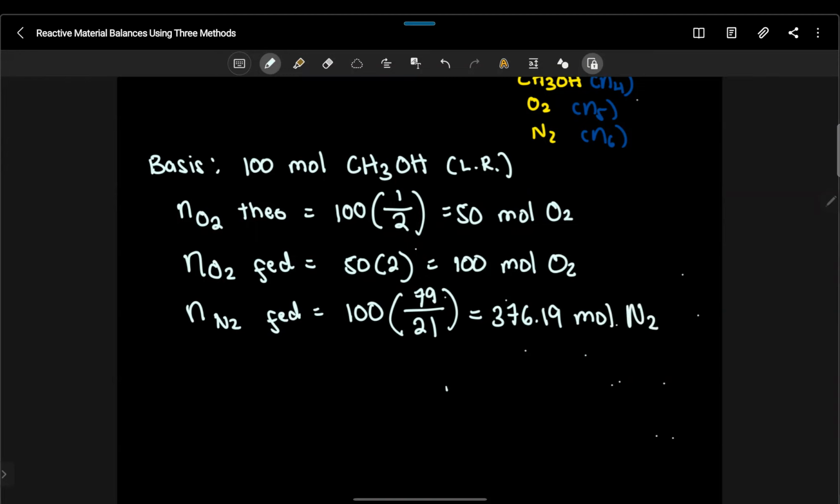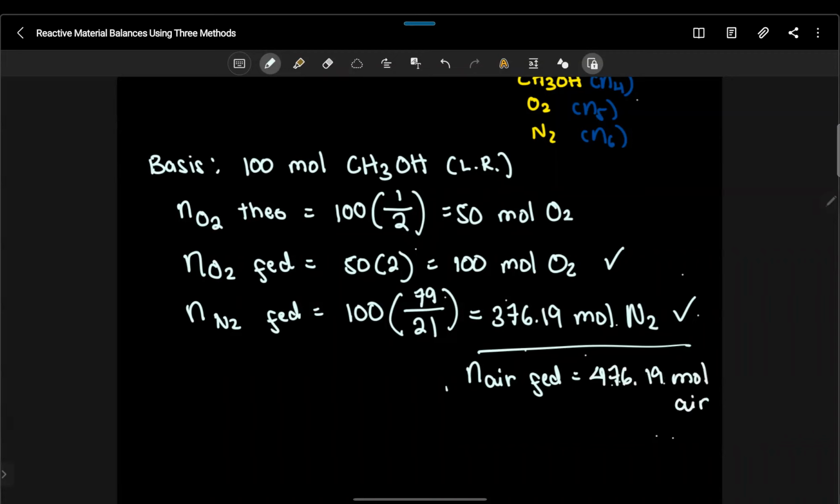And if you are interested, okay, the total moles of air fed is just the sum of 100 and 376.19. So 476.19 moles of air. Okay, so nakumpleto na natin yung amounts ni oxygen and nitrogen na pinasok sa reactor, and we already have an amount of methanol fed to the reactor kasi we have a basis.